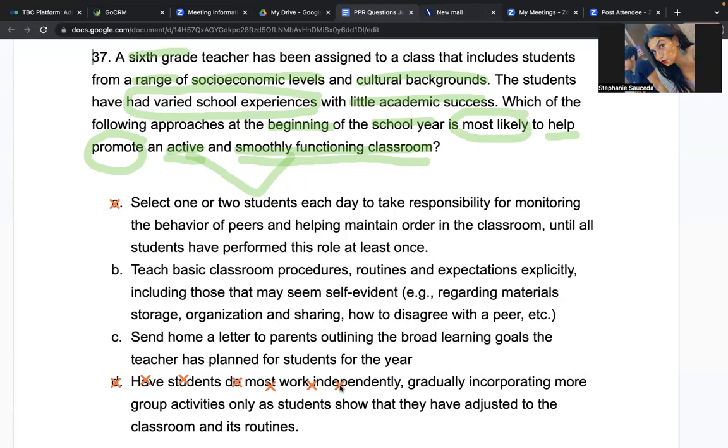Let's say they had a teacher and that teacher decided to leave in October, and the students were already into somebody else's routines or maybe lack thereof. Then you have to come in and do the correct answer to this question. You have to go in and set the classroom climate. That's why I wanted to take a minute to think, what is this question mostly about?